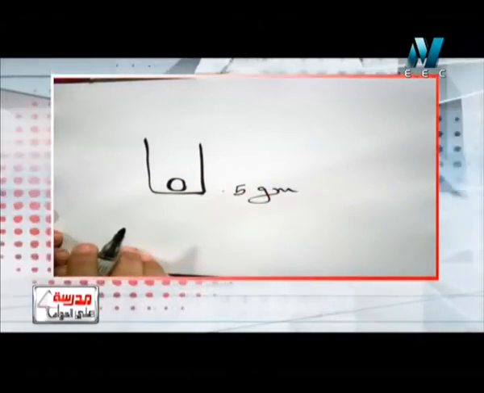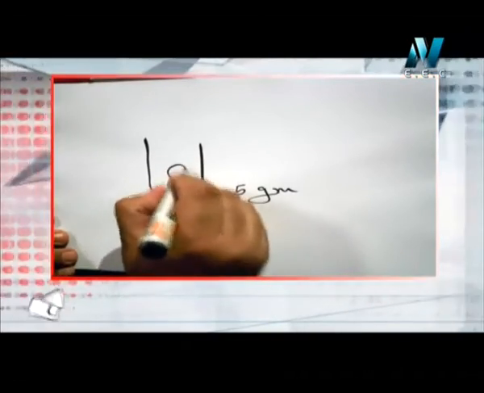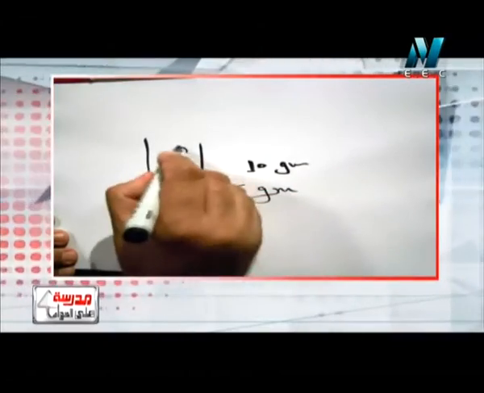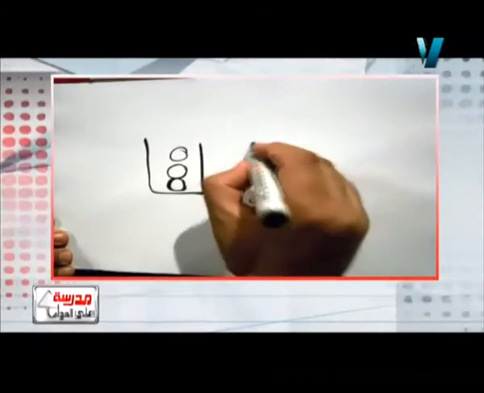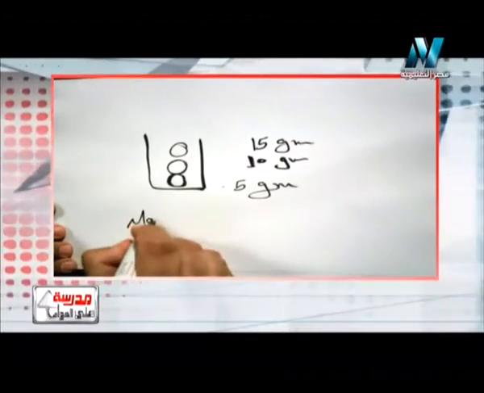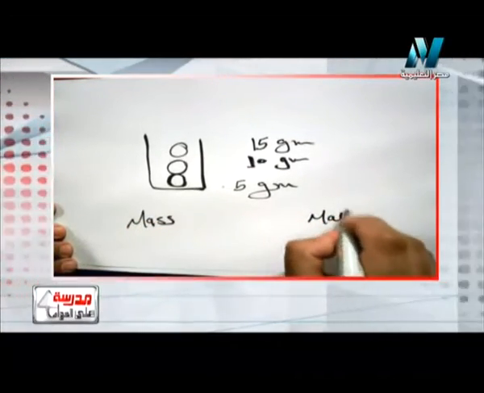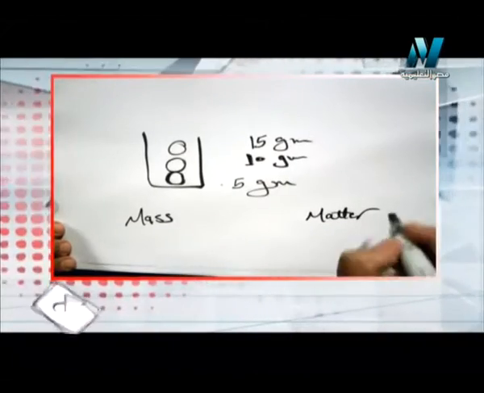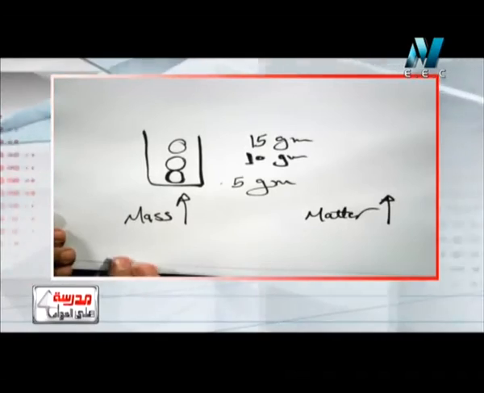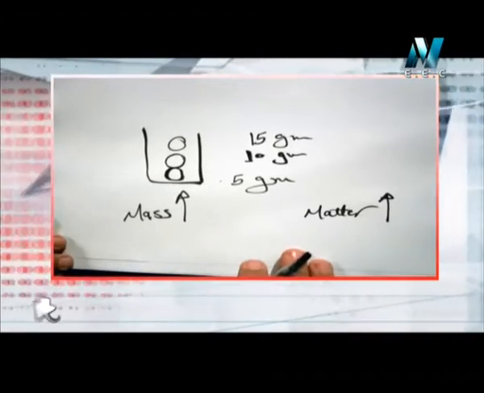What happens if I put another marble? They will be 10 grams. Another marble, they will be 15 grams. So what happened to mass when matter increases? When the matter increases, mass increases too.